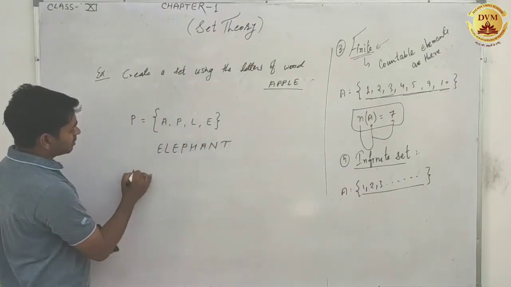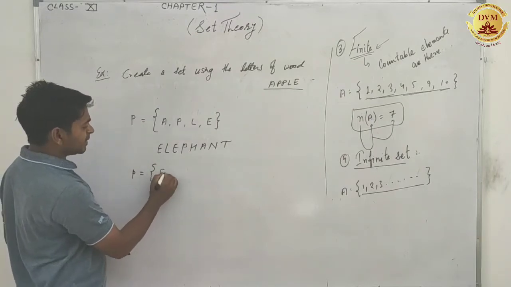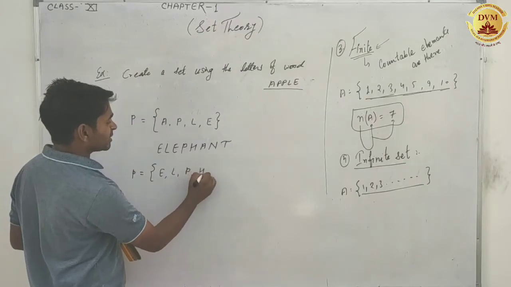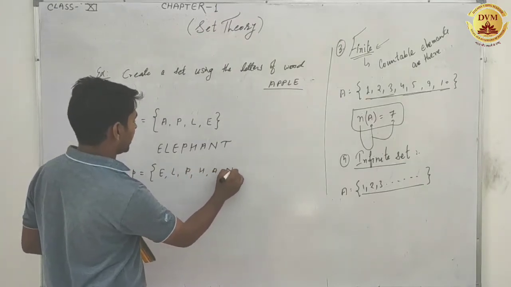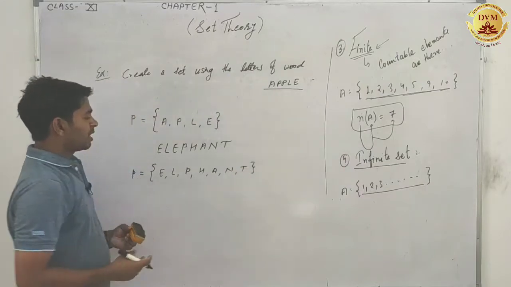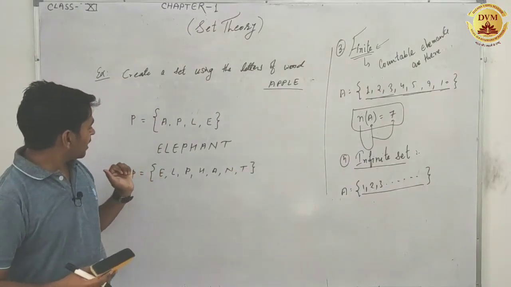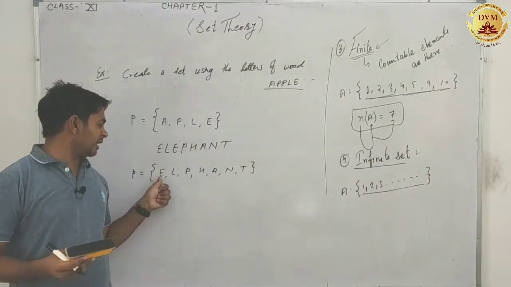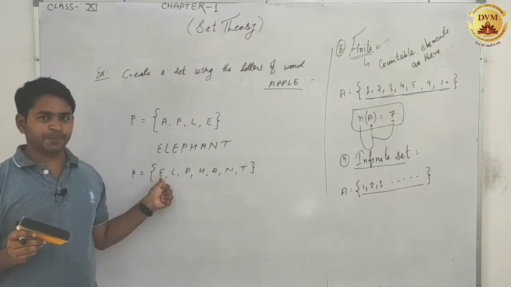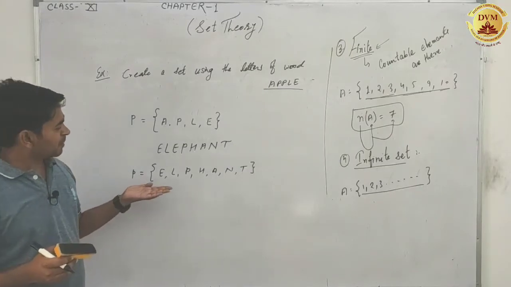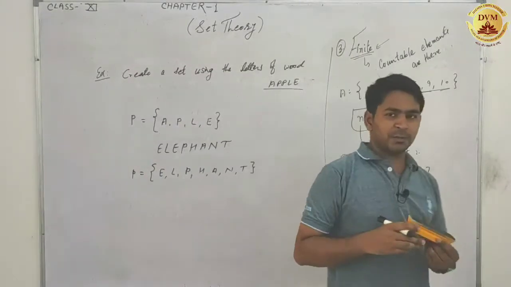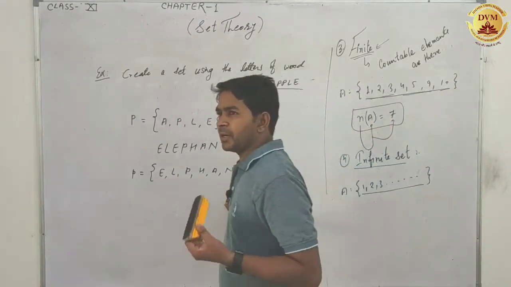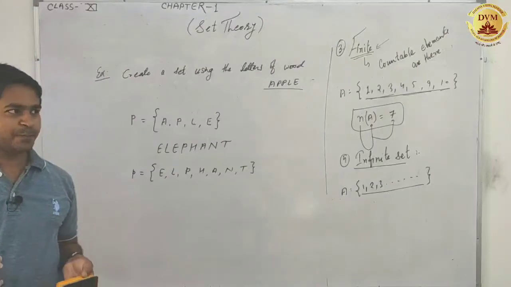So the set is E, L, P, H, A, N, T. Here the letter E is repeating, so we will use E only one time. One more thing you have to remember is that in a set we will not repeat a particular element.